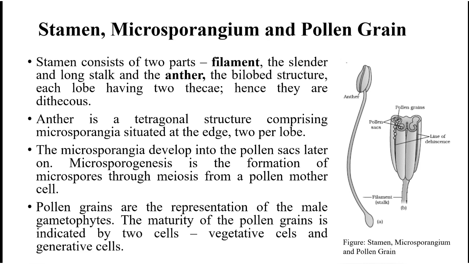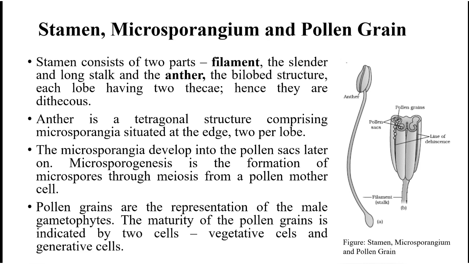In my next videos, we will discuss the steps of development of the male reproductive part, how they develop and mature, how pollen grains are formed inside it, then the development of the female reproductive part, then details about pollination, different types of pollination, contrivances of pollination, then details about double fertilization. I will post those detailed videos later on. Today I will only discuss some basic steps.